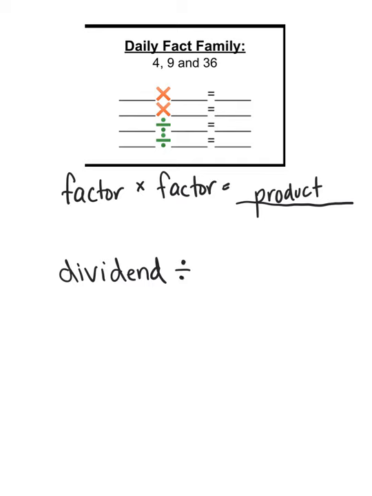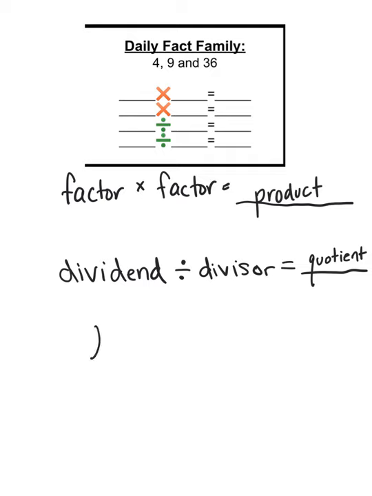We divide our dividend by our divisor. That's the number that tells us how many equal groups we have or how many people are sharing something, for example. Those two things equal the answer, and what do we call the answer to a division problem? That's right, it's our quotient.